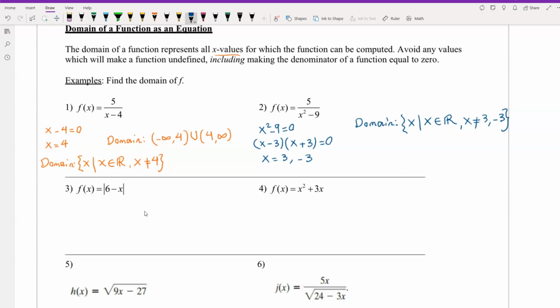So this is set builder notation. That was same for this one. So this one was set builder notation. And this one was interval notation.